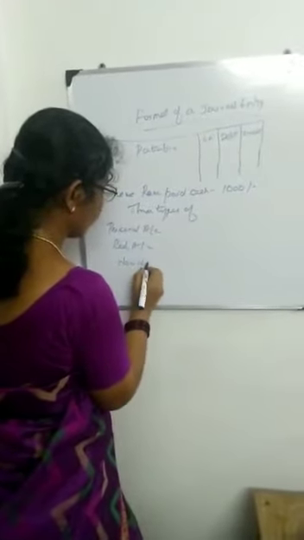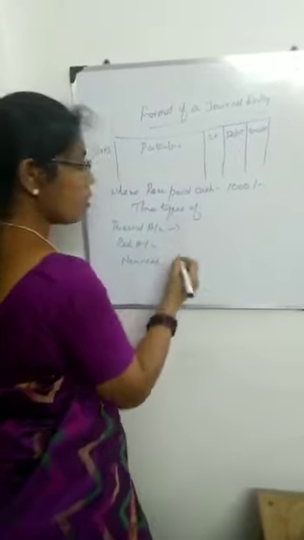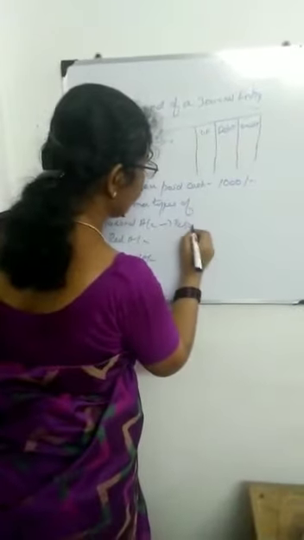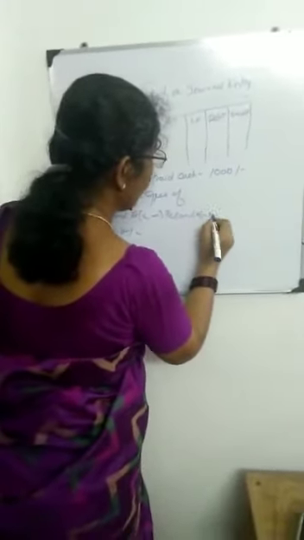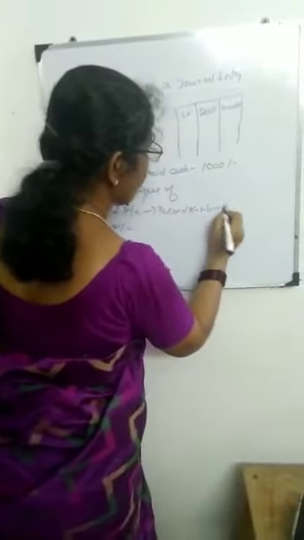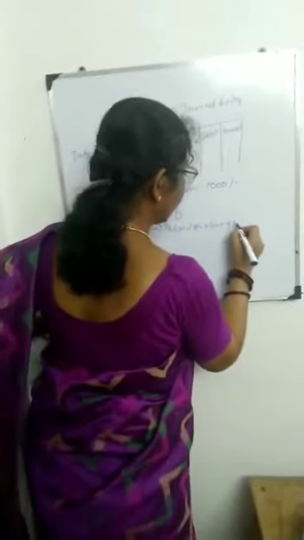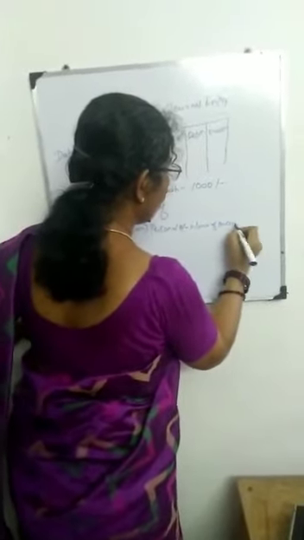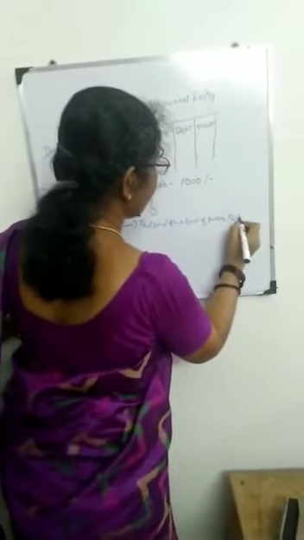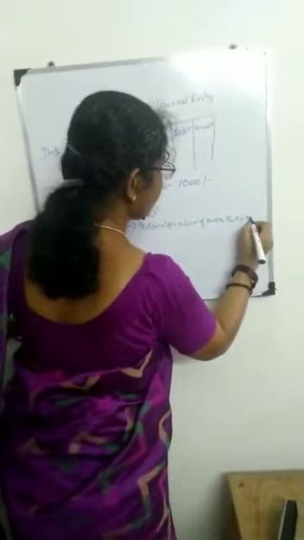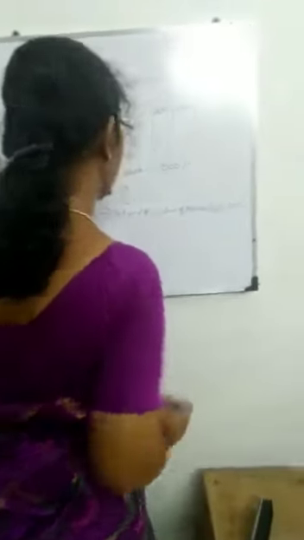Personal accounts are names of persons, business entities, banks, etc. So all names of persons, banks, then business concerns like Tata, TVS, etc.